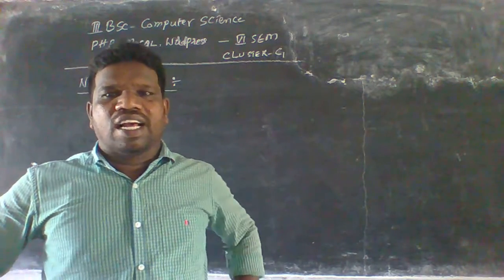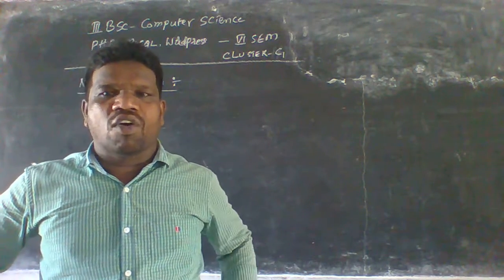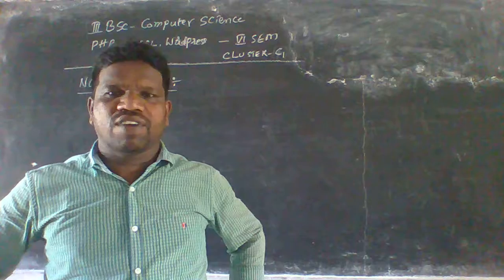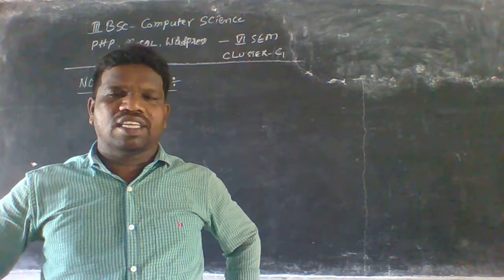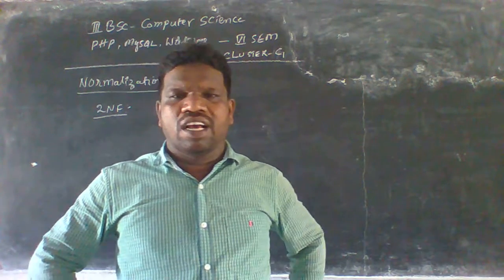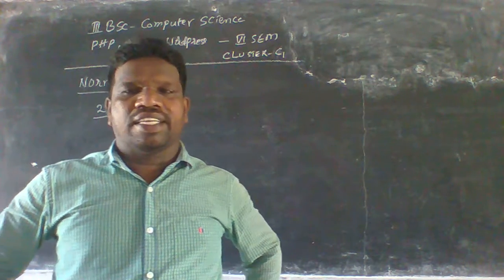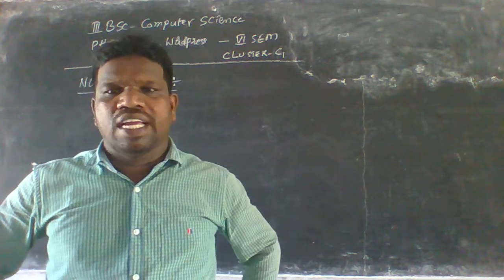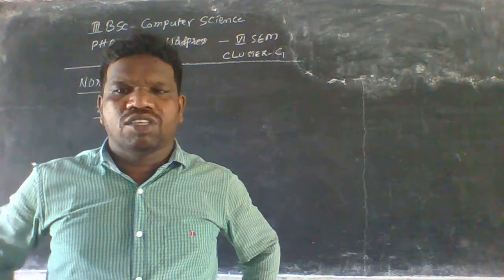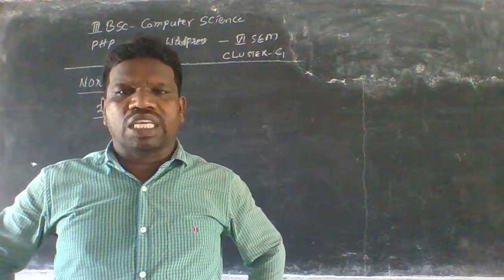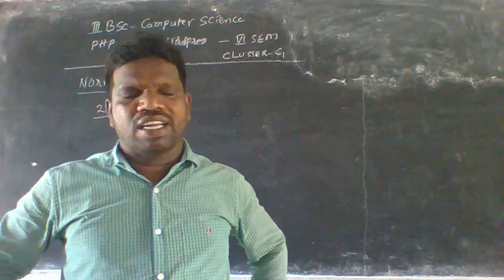The entity should be considered already in the first normal form. That means we have to take the tables already in the first normal form, and all the attributes within the entity should be dependent solely on the unique identifier of the entity here.